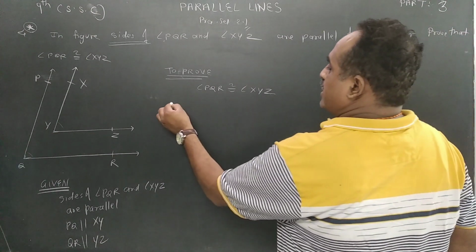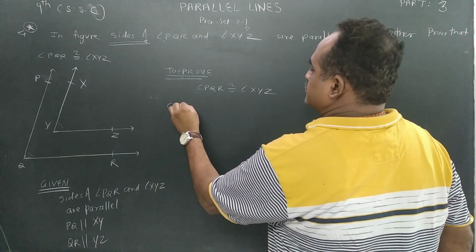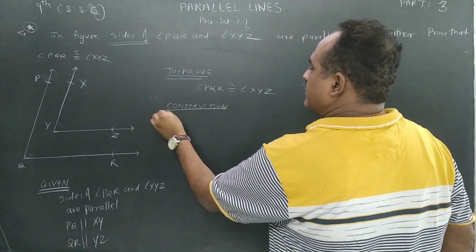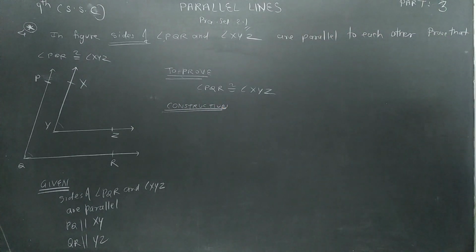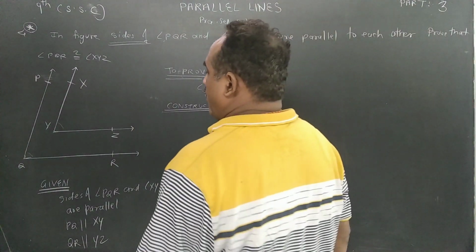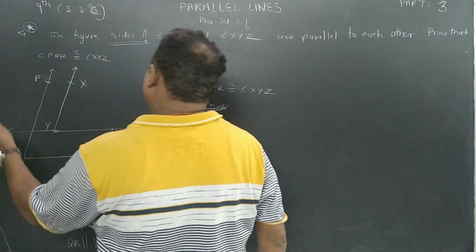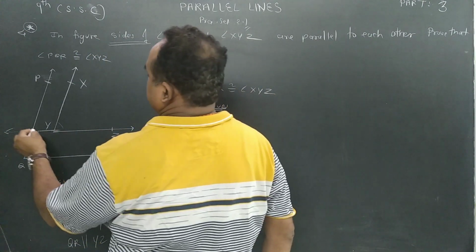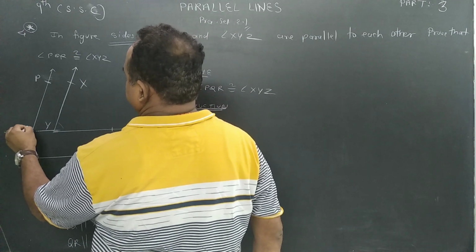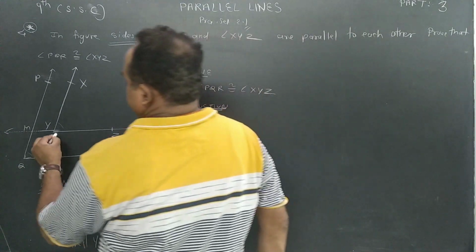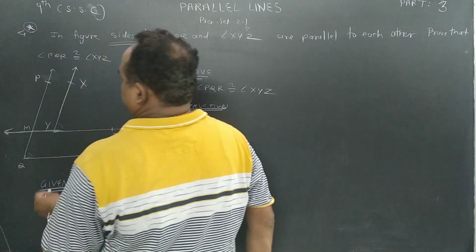Now we are going for construction. In construction, what I can do is I can extend or draw a line. Why? It is a ray, now it becomes a line. We are intersecting this line at point M, say. Okay, see, now I have extended it. Correct?